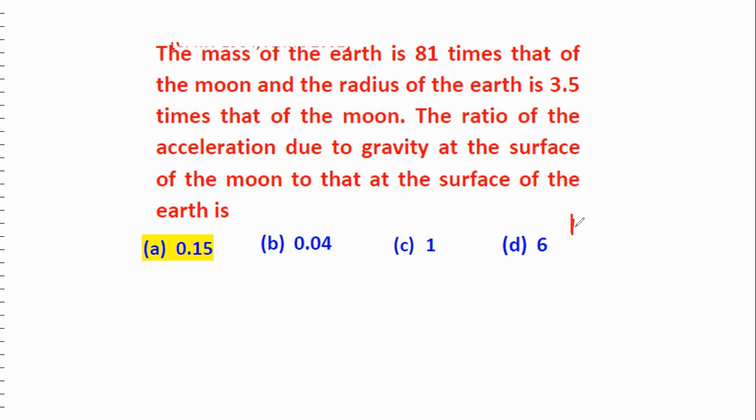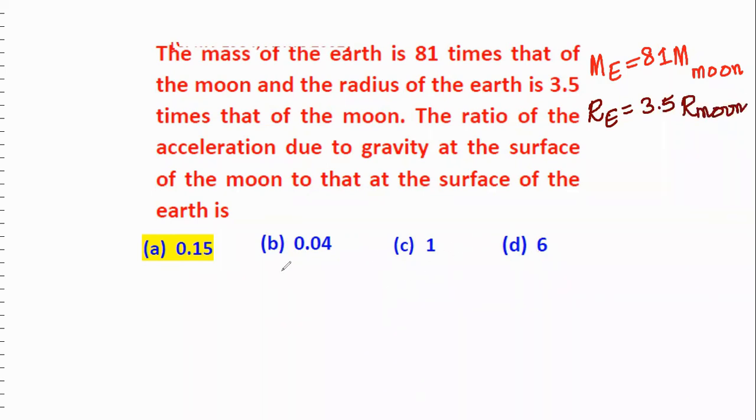Mass of the Earth is 81 times the mass of the Moon, and the radius of the Earth is 3.5 times the radius of the Moon.